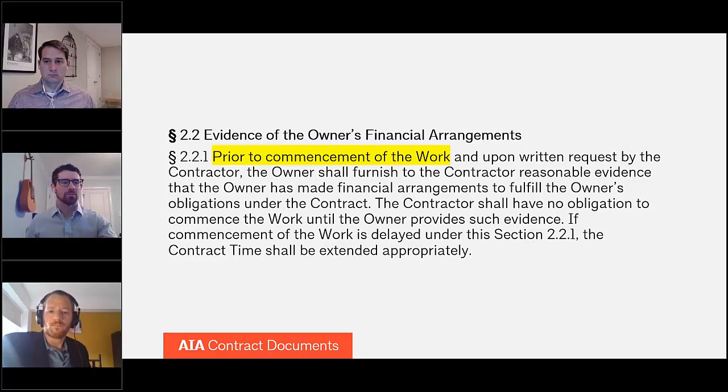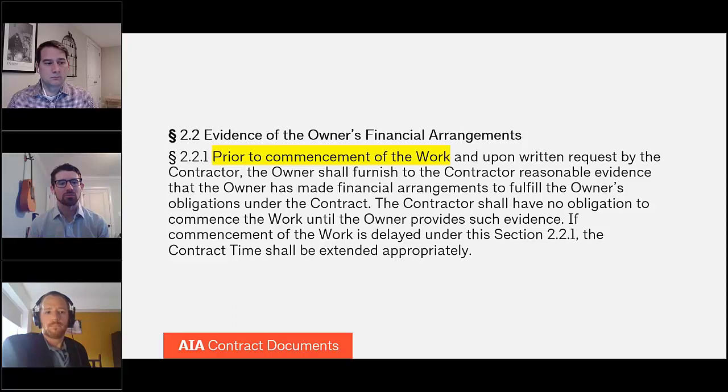Sure. So the reasonableness standard is used in contracts generally because it's really difficult on contracts such as these, particularly standard form contracts like the AIA's contract documents, to have a specific listing of a particular document that would satisfy this requirement in any given setting, because every project is going to be different.